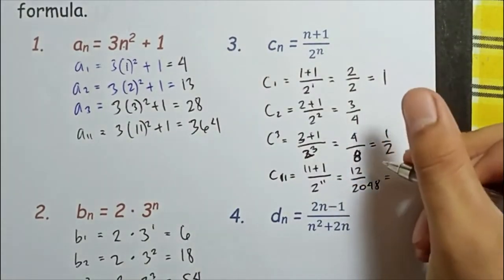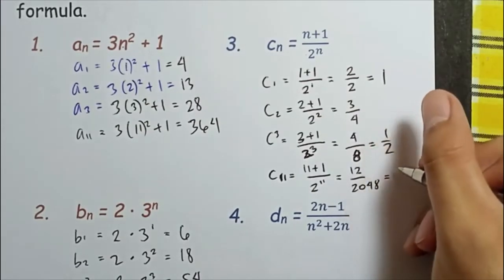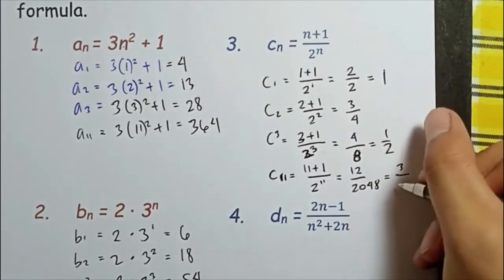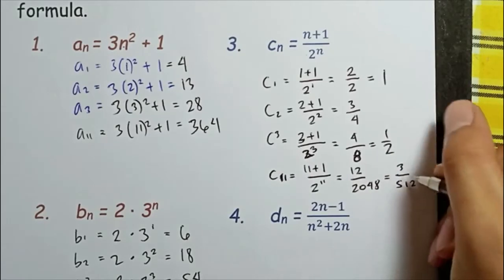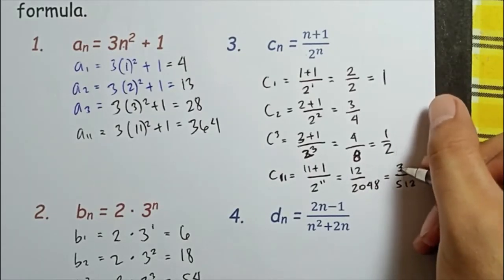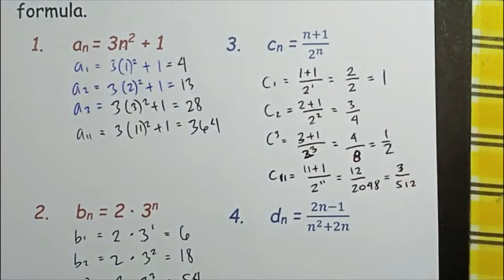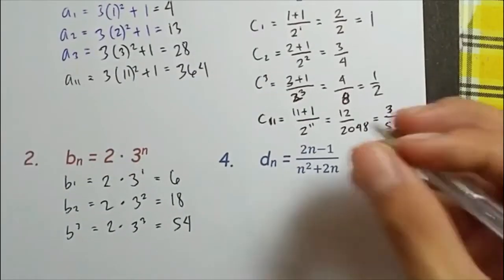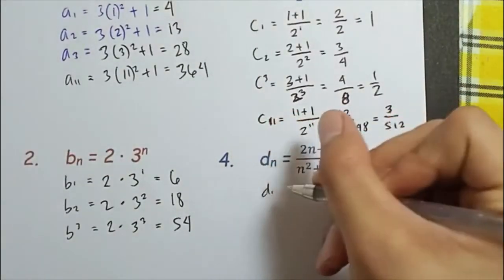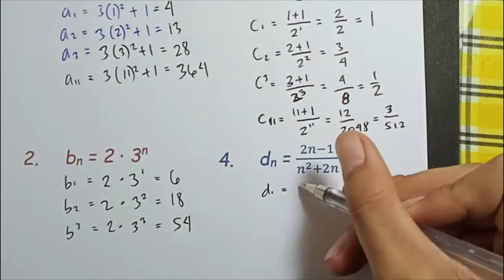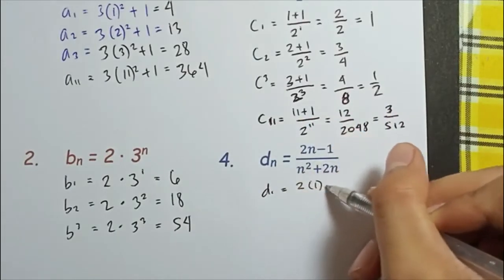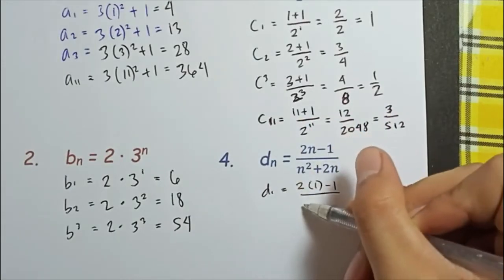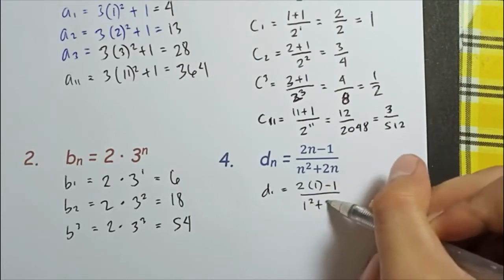Then kapag the lowest term natin to, ang lalabas ay nasa book 3 over 512. So divide the fraction by 4 over 4. Then last, number 4, d sub n. Start tayo sa d sub 1 equals 2 times 1 minus 1 over 1 squared plus 2n.